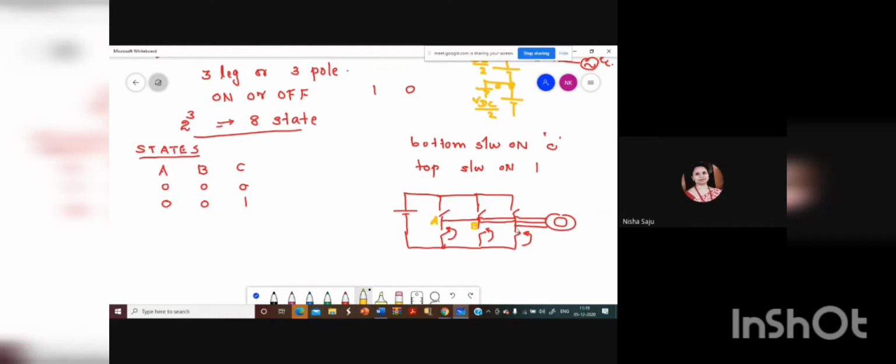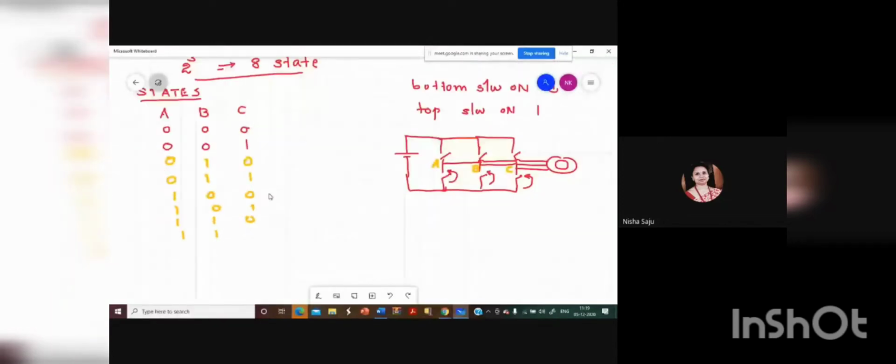And another combination possible is 0, 1, 0, or 0, 1, 1, or 1, 0, 0, or 1, 0, 1, or 1, 1, 0, or 1, 1, 1. Okay, 1, 1, 1 is possible. So these are the 8 states corresponding to the space vector modulation.